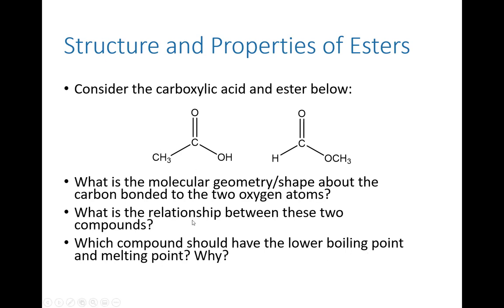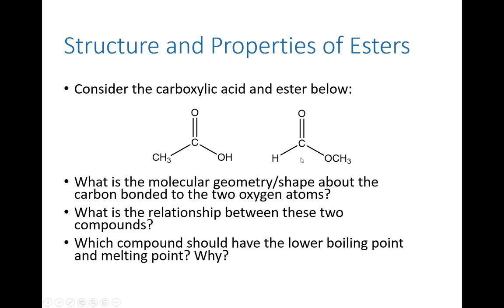Which of these compounds would have the lower boiling point and the lower melting point? Well, we know that's based on intermolecular attractions. As we already saw, carboxylic acids can form hydrogen bonds, and hydrogen bonding is the strongest type of intermolecular force. What about esters? Well, esters can receive the hydrogen part of a hydrogen bond. They do have lone pairs on the oxygen.